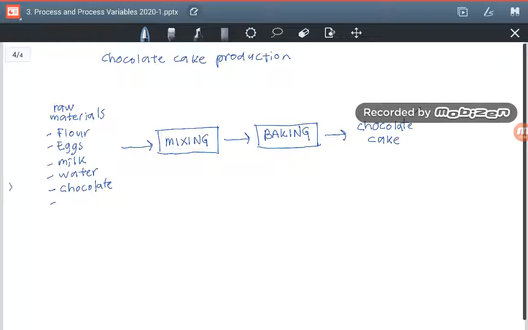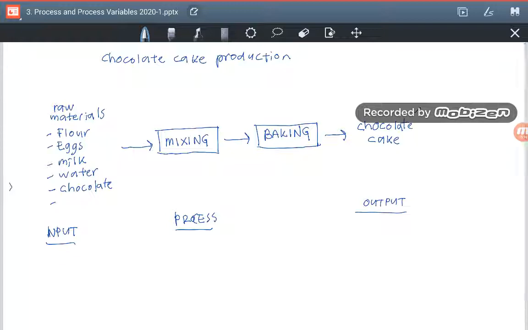Yeah, at the end here, this is the input. This is the process. And this is the output. So we are focusing now on the processes involved in this chocolate cake production.